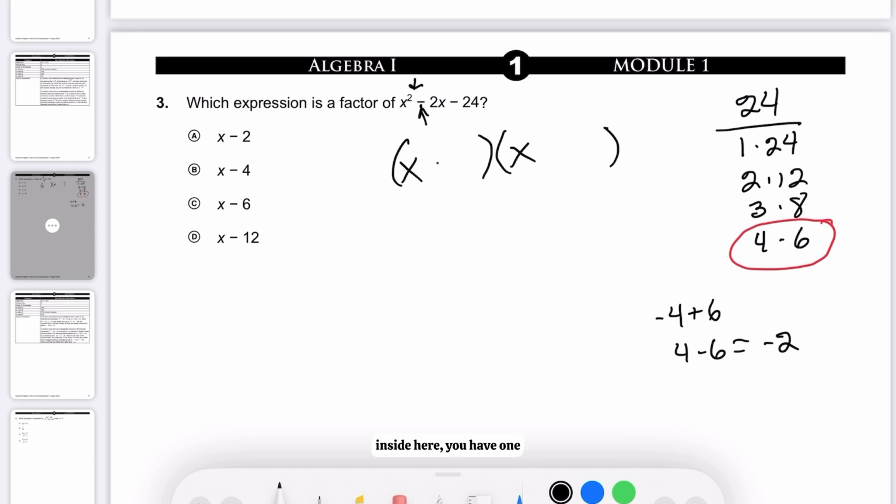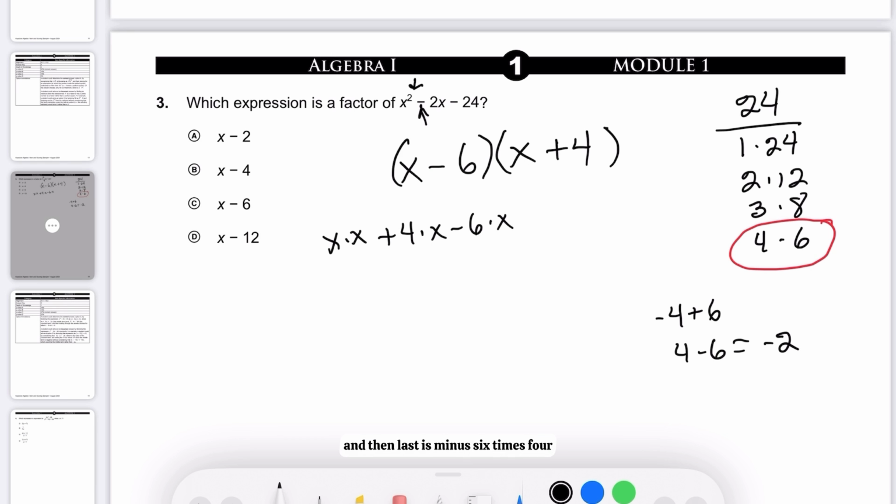So when you put them inside here, you have one that's going to be minus and one that's going to be plus. So the 6, well, I usually write them in order, but I'm going to put the 6 there and the 4 there because it really doesn't matter. And then when I multiply them back, I get x times x. Outside is plus 4 times x. Inside is minus 6 times x.